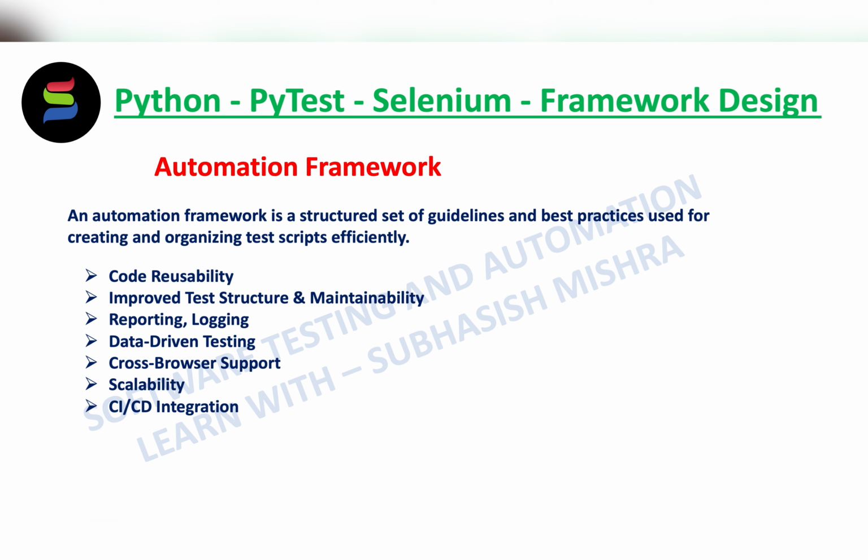Then the next thing is improved test structure and maintainability. Test structure means how our project is organized: files, folders, naming conventions, and test logic separation. Maintainability means how easy it is to update, fix or expand the test suite when the application changes. Let's say new UI fields get added, new team members join, or tests grow from 10 to 1000 plus.